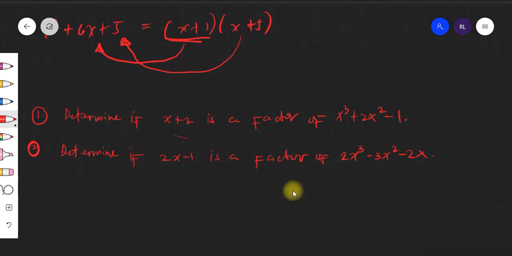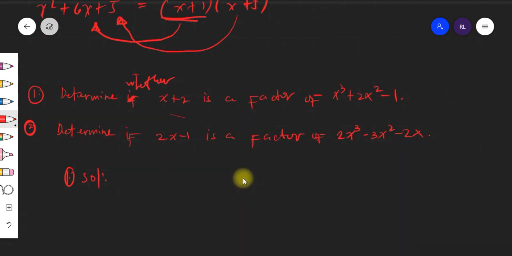So let's have some examples. Number 1: determine whether x plus 2 is a factor of x cubed plus 2x squared minus 1. Here is our solution.